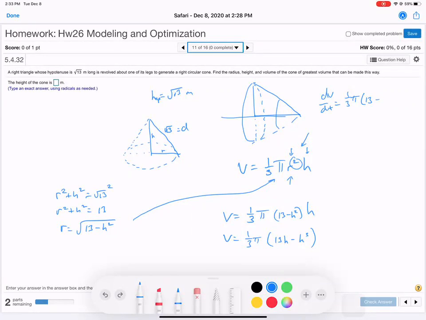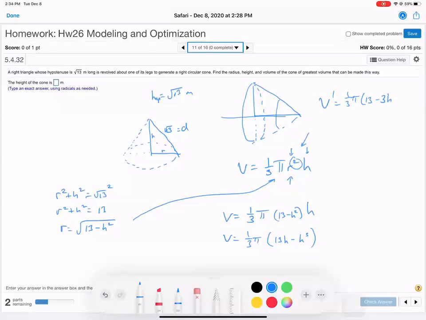Would that be smarter? No, we would just take the derivative with respect to what? Take the derivative with respect to h. Is that what I want? Let's try it.